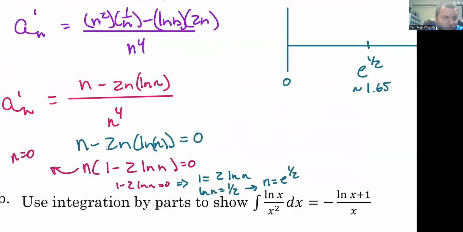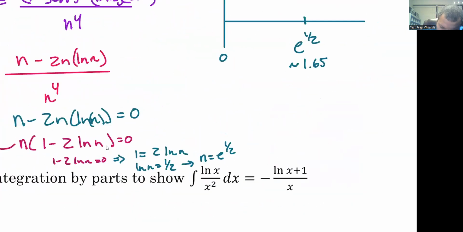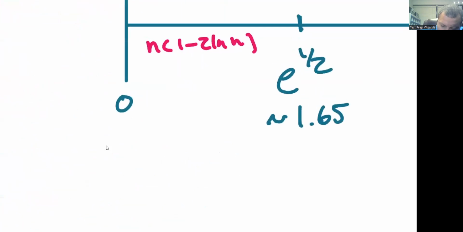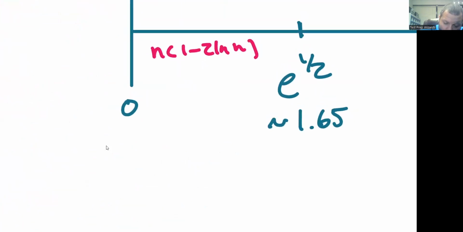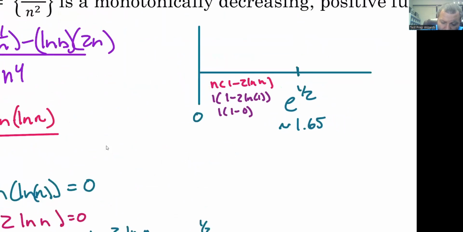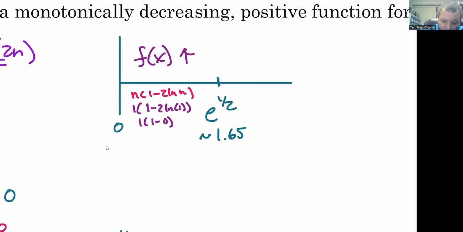So if I looked at my numerator, since it's n times 1 minus 2 natural log of n, if I plugged in n equals 1, I'm getting 1 times 1 minus 2 natural log of 1. Right, so that's going to be 1 times 1 minus 0. So that's going to be positive. So this means that f of x is increasing from 0 to whatever that value is, e to the 1/2.